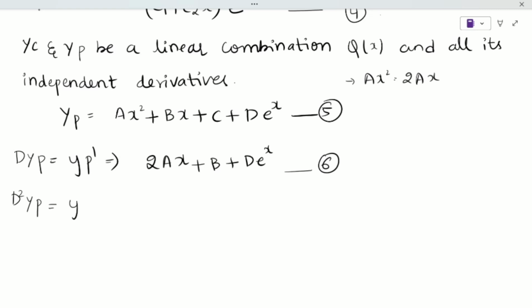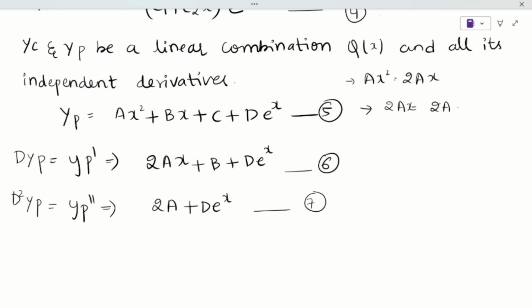Now D square yp means yp double dash equal to 2ax is 2a, plus d e power x, b will be 0. I am taking this as equation 7.